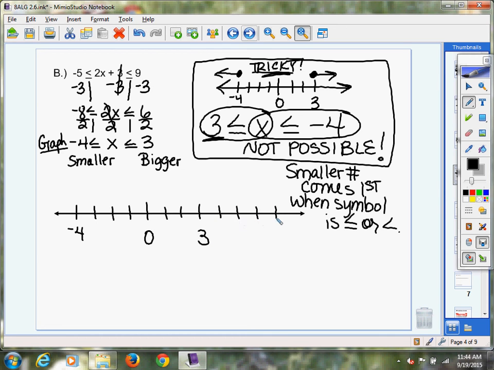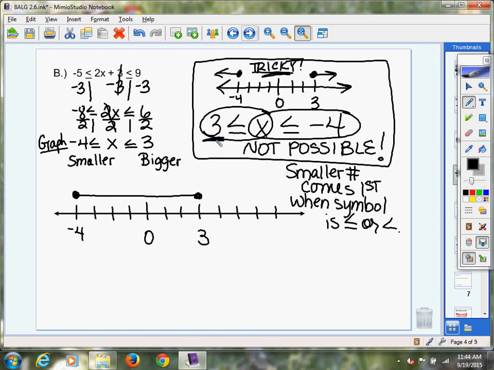Okay, and then because we have less than or equal to, we're going to do filled in circles over the -4 and over the +3, and then we're going to connect them. Okay, I know this is going to work because they started with the smaller number and used the less than symbols.